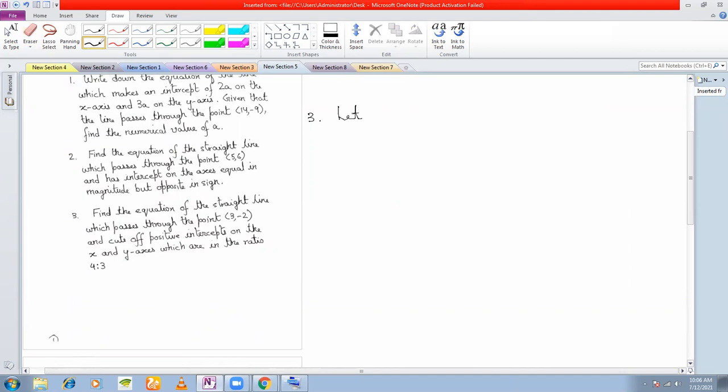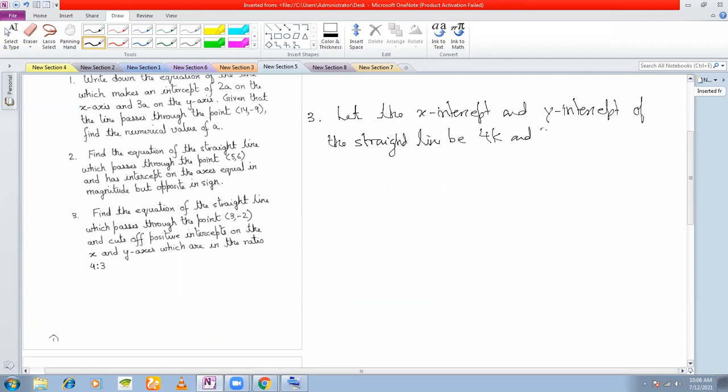So I can take the intercepts to be 4k and 3k. Let the x-intercept and y-intercept of the straight line be 4k and 3k respectively.